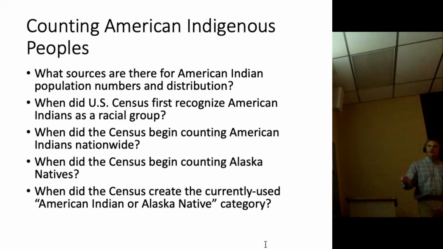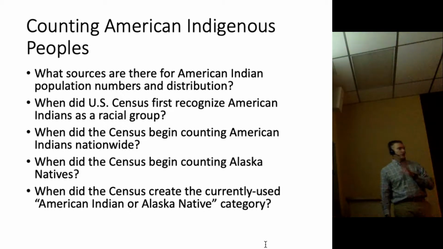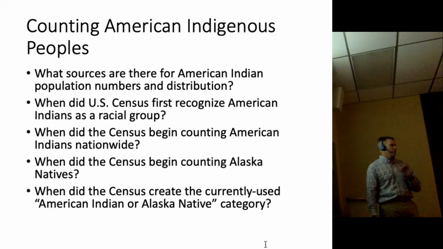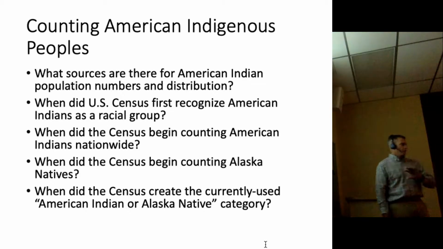So all three of those groups are considered Alaska Natives. And then American Indians are all other native peoples of the conterminous United States. I say conterminous because I'm talking about the lower 48 plus Alaska, not Hawaii.